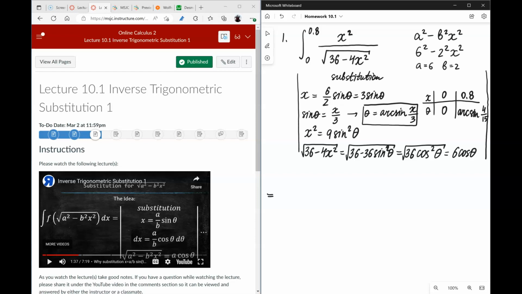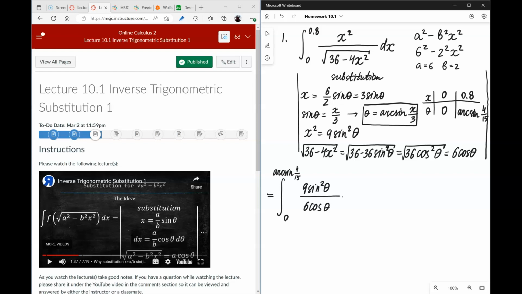So our new integral is going to be an integral from 0 to arc sine of 4/15. Inside of the integral, we're going to have x squared, which is 9 sine squared theta, divided by 6 cosine theta. And I forgot dx over here.